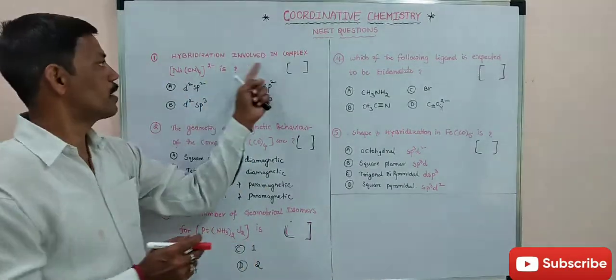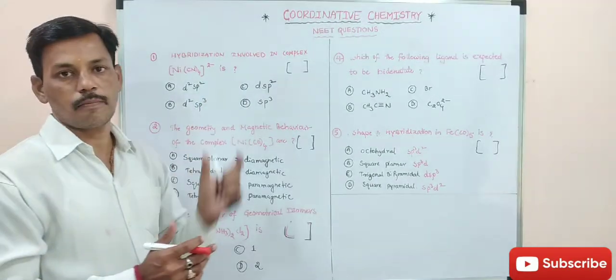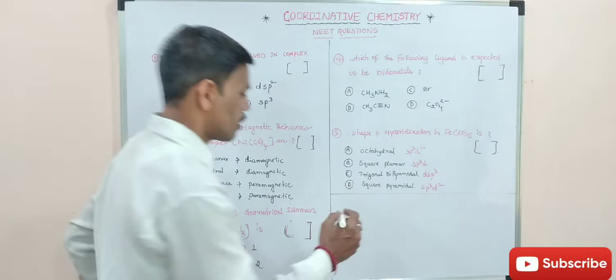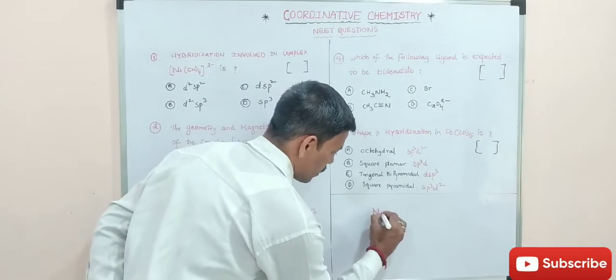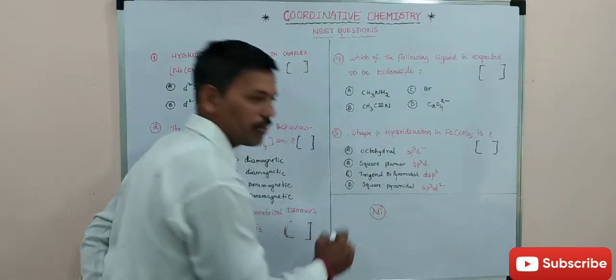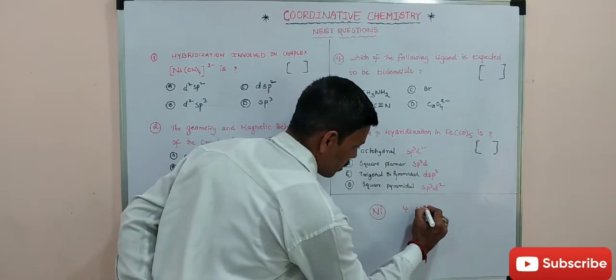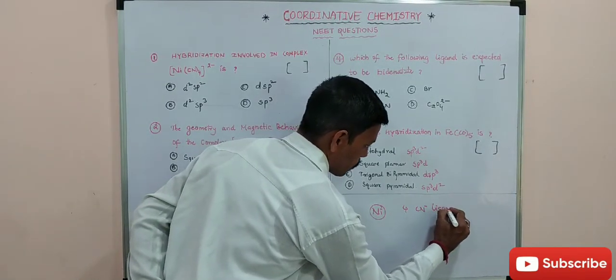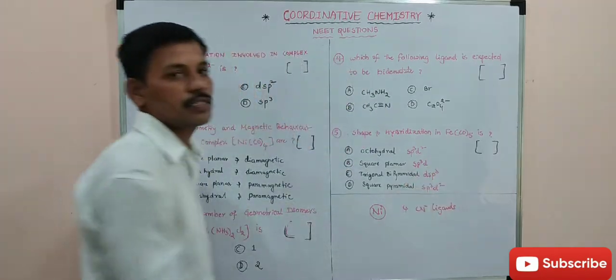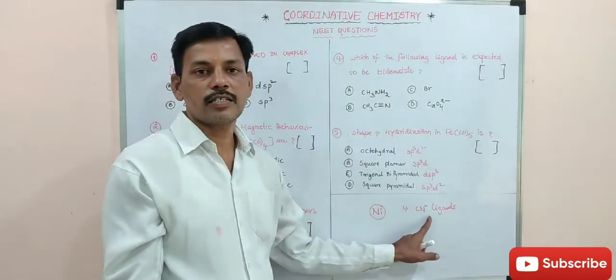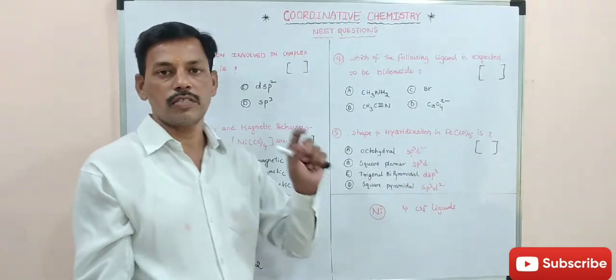The hybridization in every complex compound depends upon the central metal atom. Here nickel is the central metal atom, and 4 cyanide ligands are attached to this nickel.